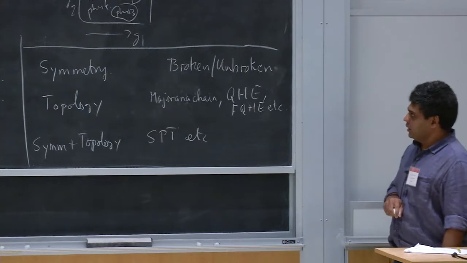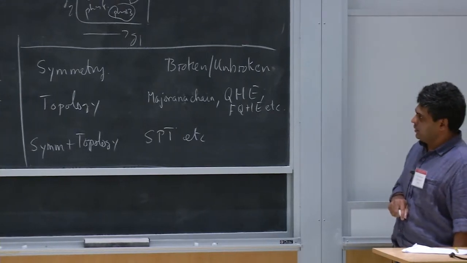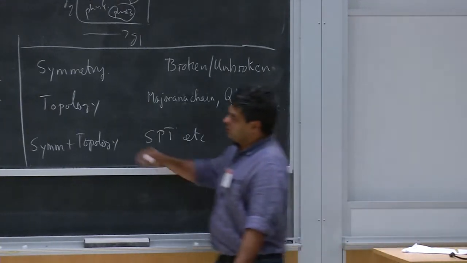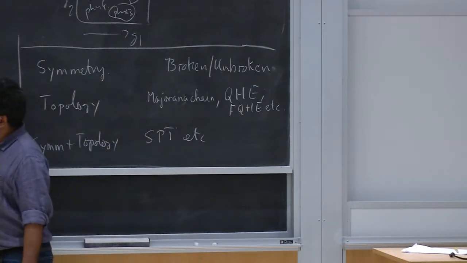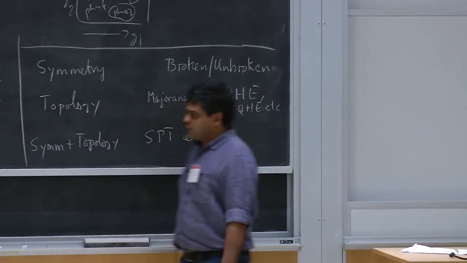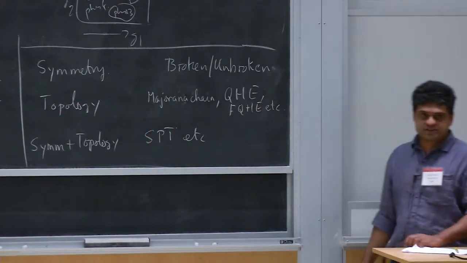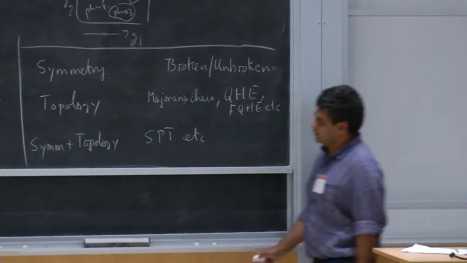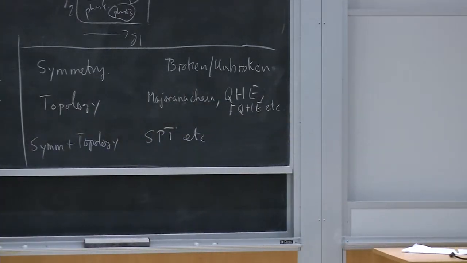In all of this physics, these ingredients are important, large number of particles and so on. But there's one ingredient which is often not stressed and which we'll try to stress during these two lectures, which is this Hamiltonian that we pick. It's a Hermitian operator, of course, but it's very important that it satisfies certain physical conditions, the most important of which is that it is local.